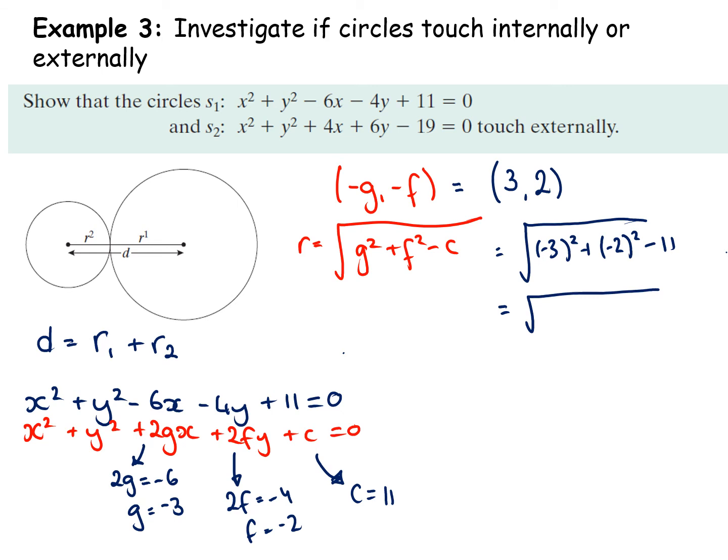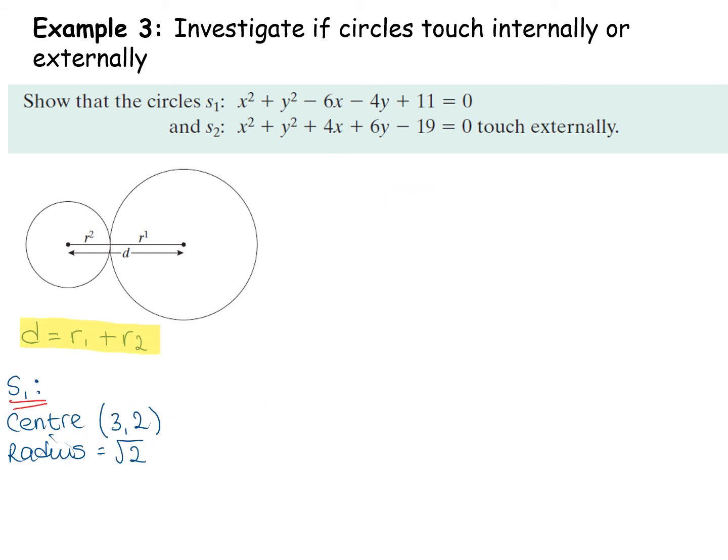So -3 squared is 9, plus -2 squared is 4. 9 and 4 is 13. Minus 11 is square root of 2, and that is our radius. So that's my first circle. So that's all S1.